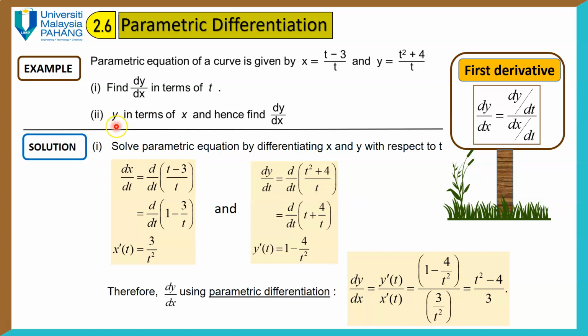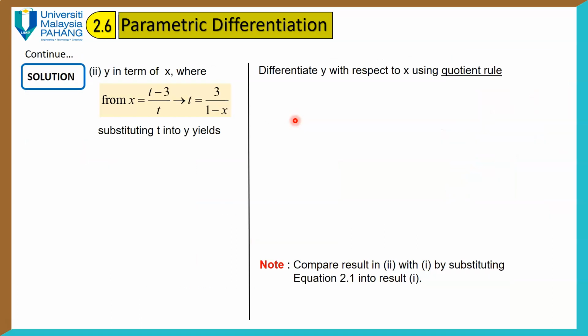For the second problem, you are asked to find y in terms of x and hence find dy/dx. This time dy/dx should be in terms of x. How do we solve this? First, from x equal to t minus 3 over t, you must rearrange to get t in terms of x, so that you obtain this.